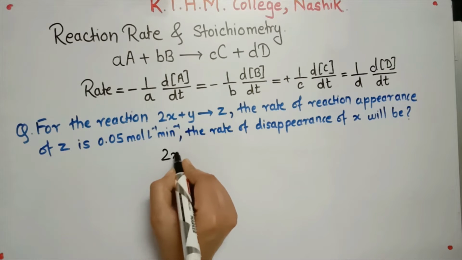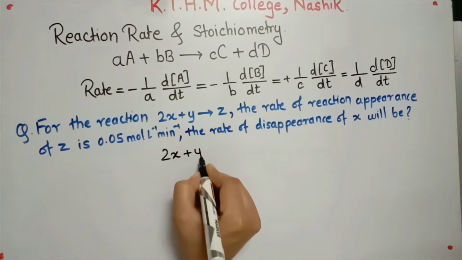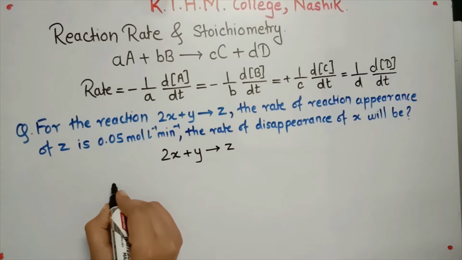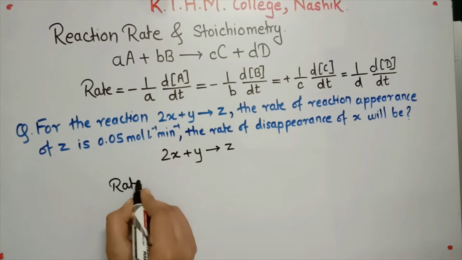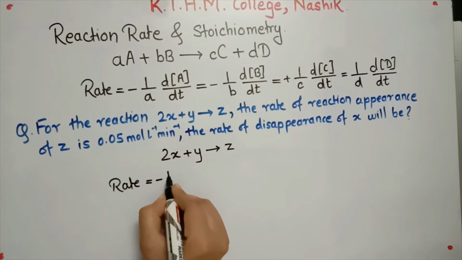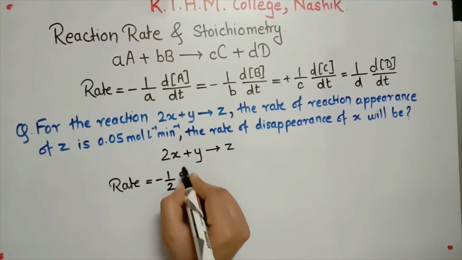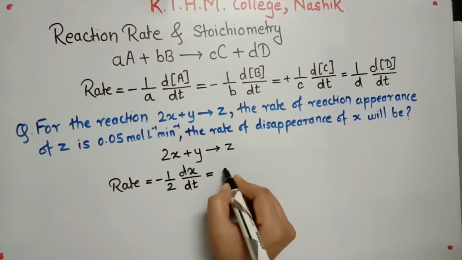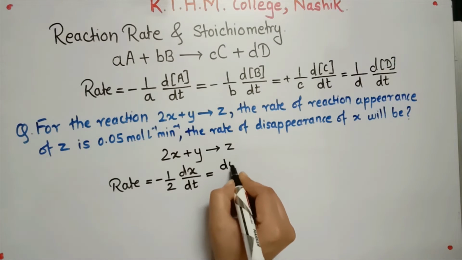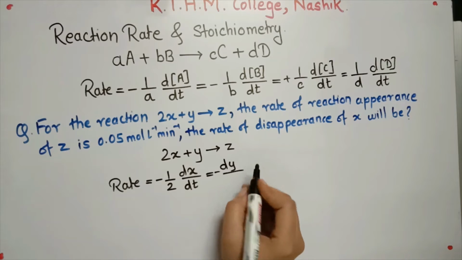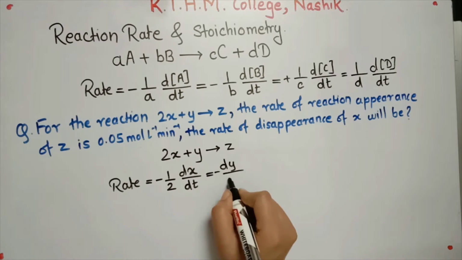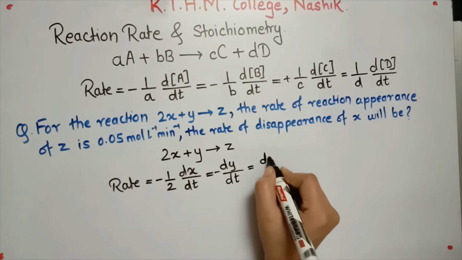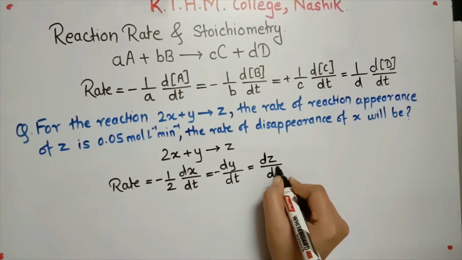The reaction is 2X plus Y gives Z. So now for this reaction, rate will be equal to minus 1 upon 2 dx upon dt, which will be equal to minus 1 upon 1 is 1 dy upon dt, which is equal to plus dz upon dt.